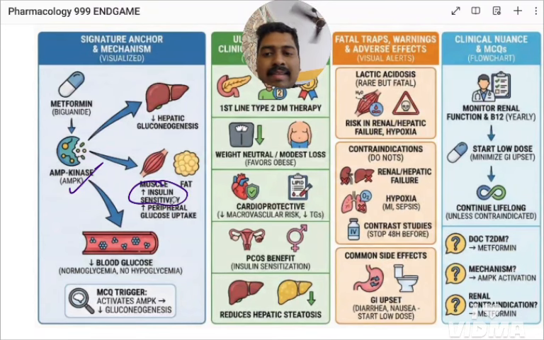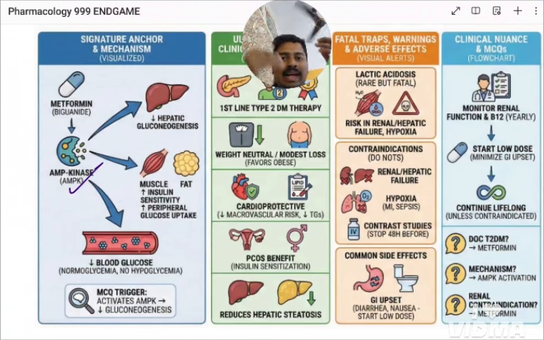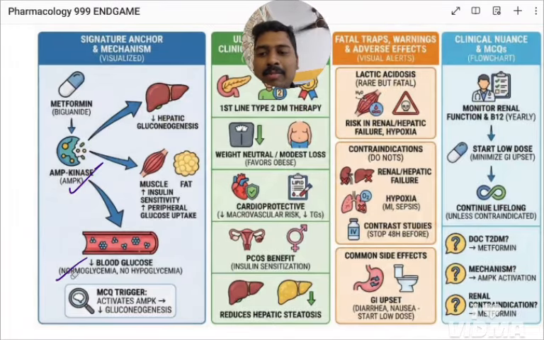Second, it increases insulin sensitivity and increases peripheral glucose uptake. So in type 2 diabetes mellitus, the insulin resistance is counteracted by metformin, and hence metformin becomes a wonderful drug. Final effect is normoglycemia, but no hypoglycemia, unlike sulfonylureas, which can cause profound hypoglycemia.